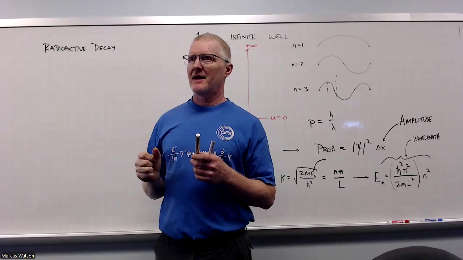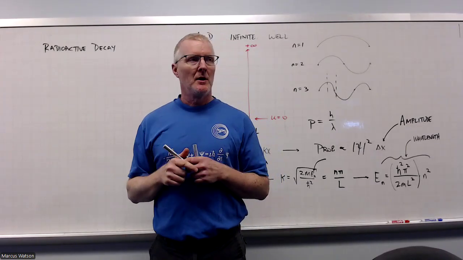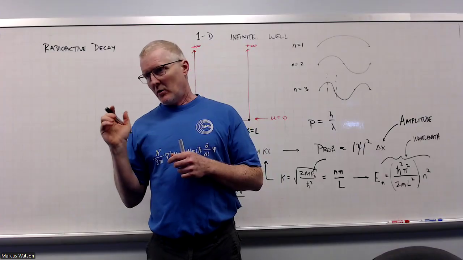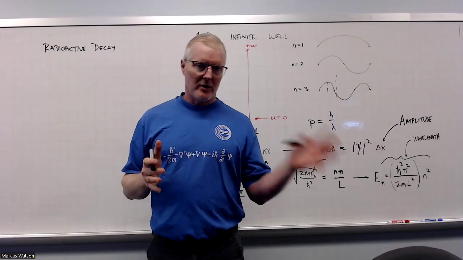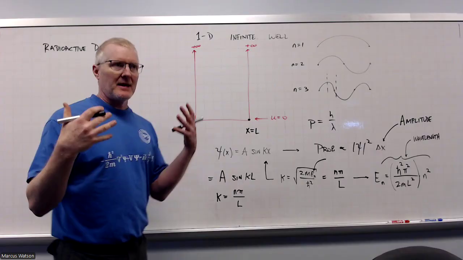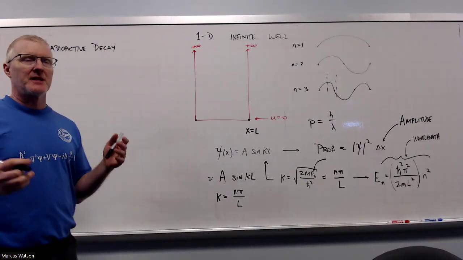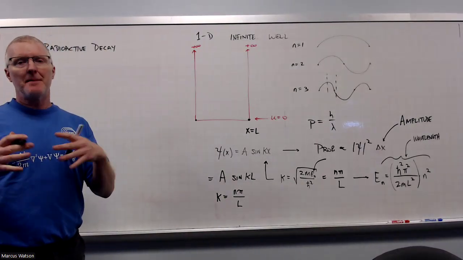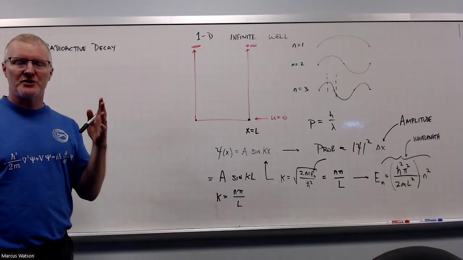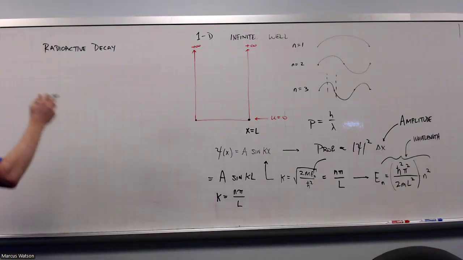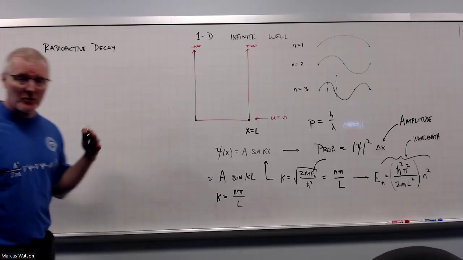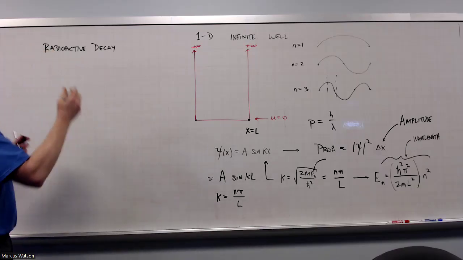That's not to say that they happen individually. They can all happen. It's just that these are three typical ones that we see repeatedly, all right? And when they first discovered them, of course, they didn't know what they were, so they labeled them alpha, beta, and gamma.